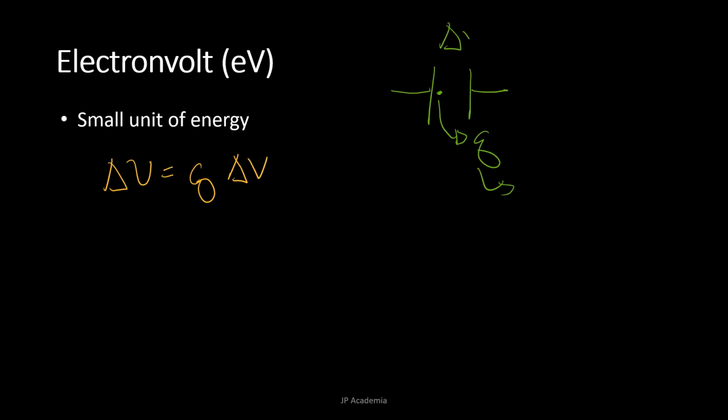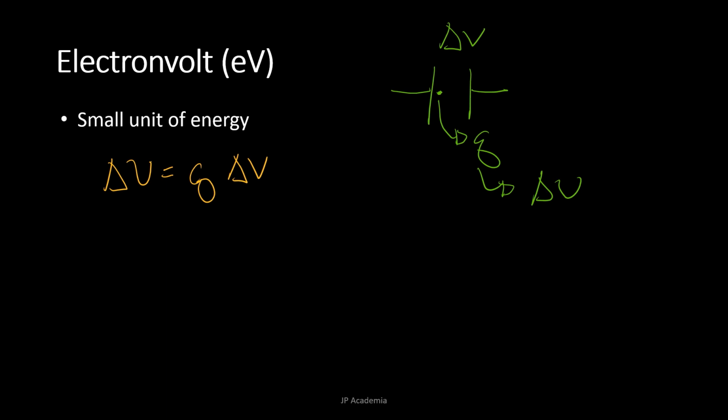If a charge Q is placed through a potential difference, let's say delta V, as shown in the drawing. So we have this point charge Q, then we have this delta V. Its potential energy changes by this. So your delta U, or the change in the potential energy, is equal to Q times the change in the electric potential.